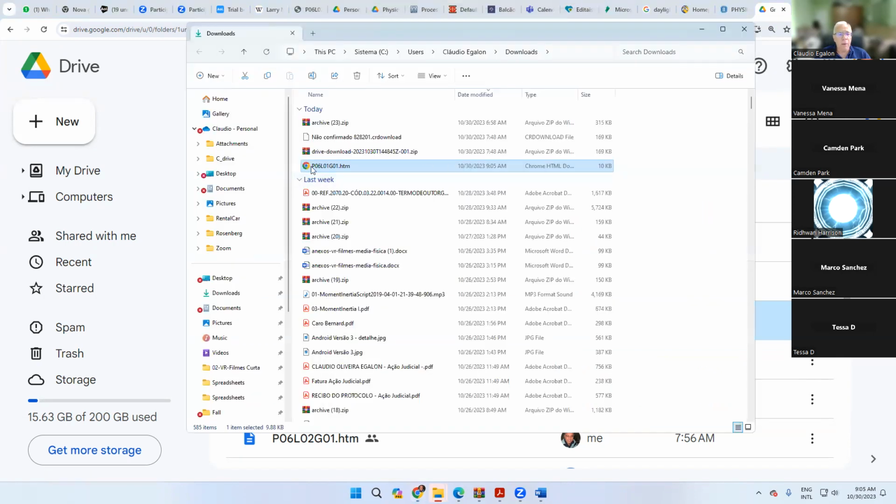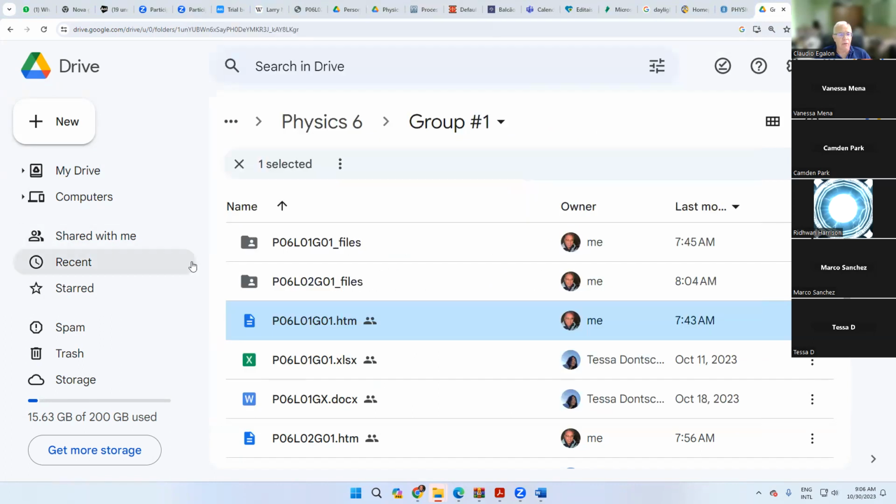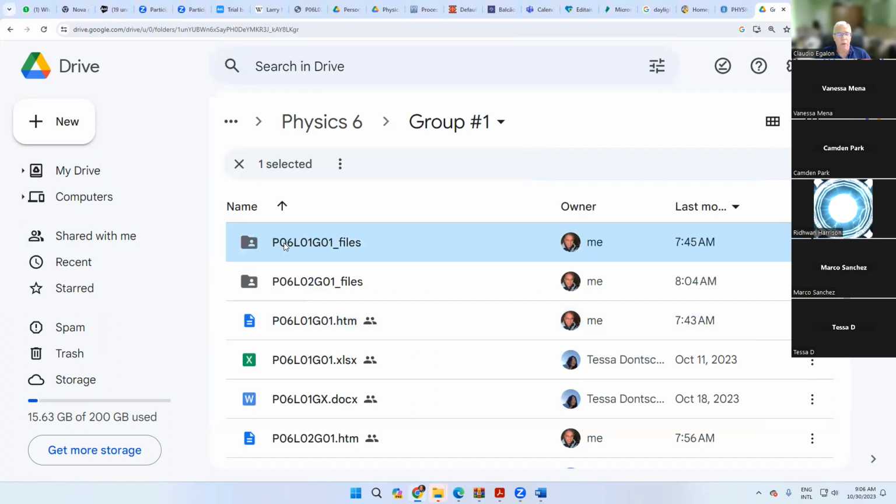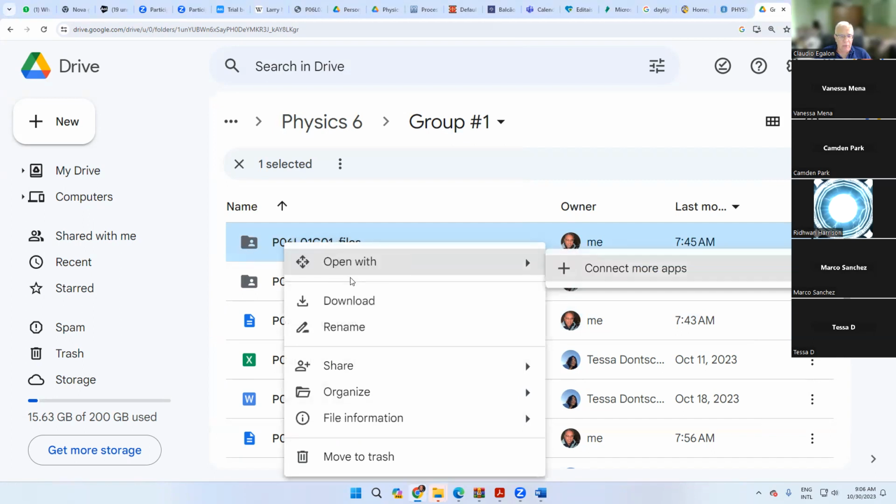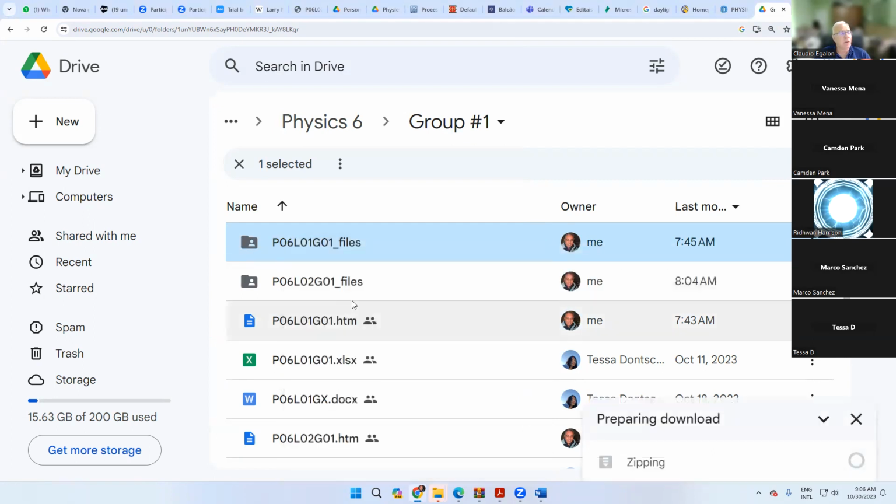Because of the HTML file, it shows here as a Google browser, right? So it's downloaded. Just downloading the file is not enough. You have to download the folder as well. So I'm going to download the folder.